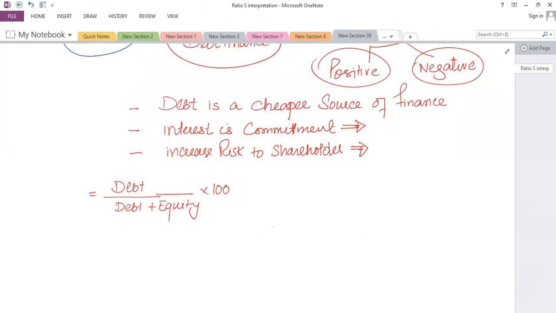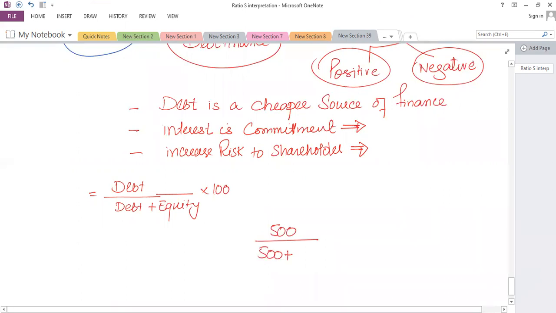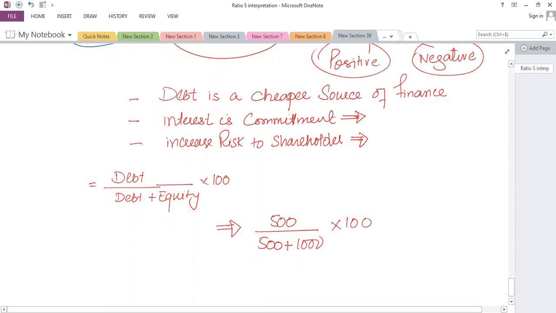For example, if you have a debt of 500 and, suppose, 1000 of equity, what is the answer? The interpretation is different from the debt to equity ratio. This says that in total financing, how much debt you have already raised.